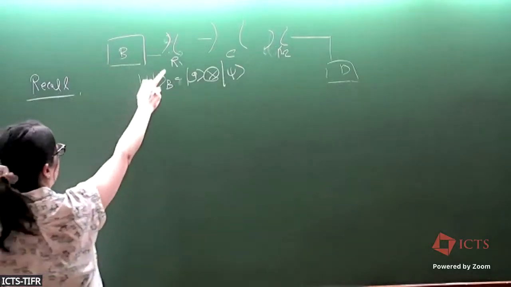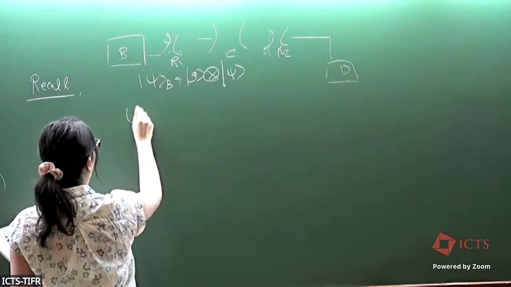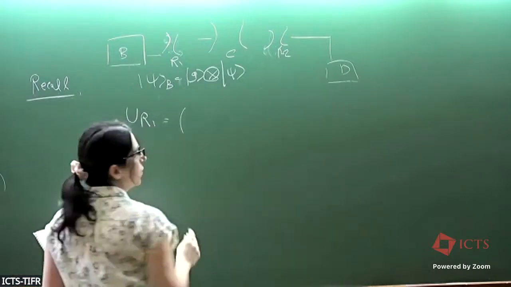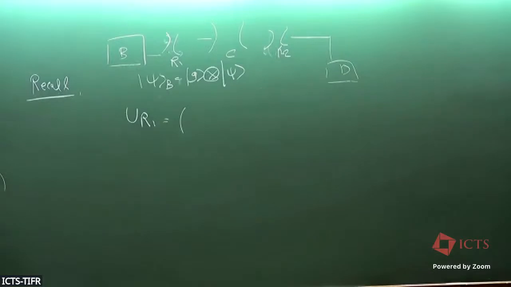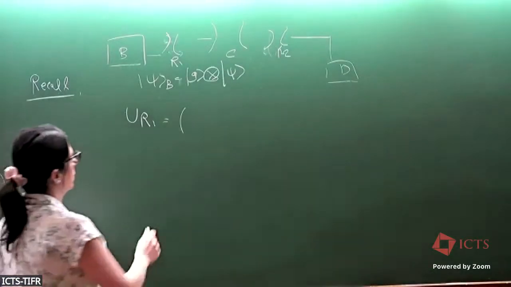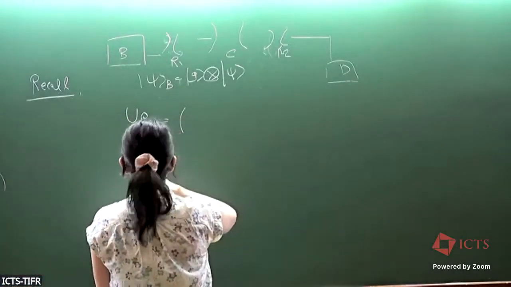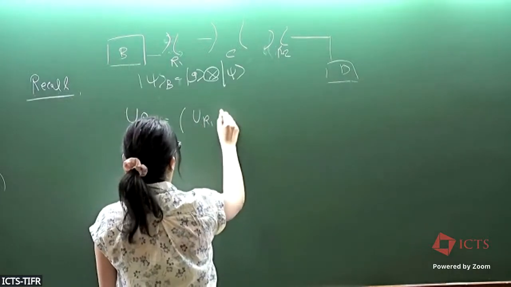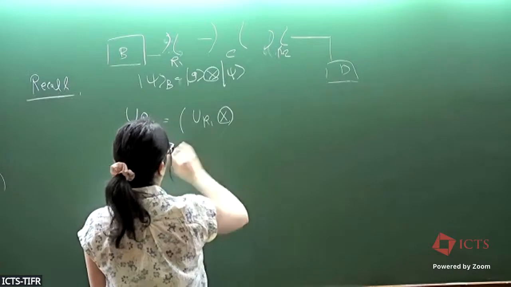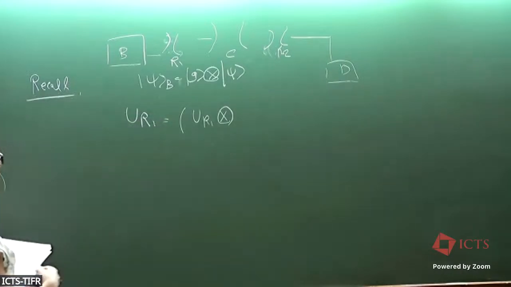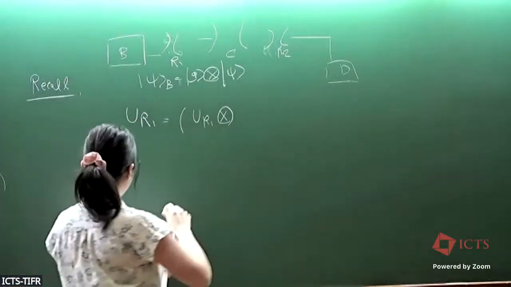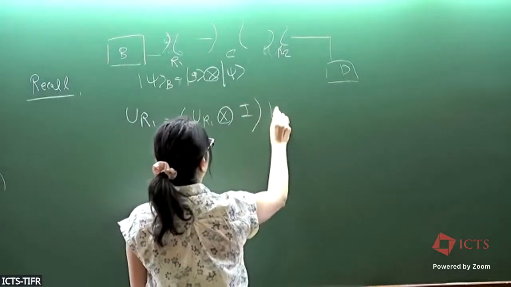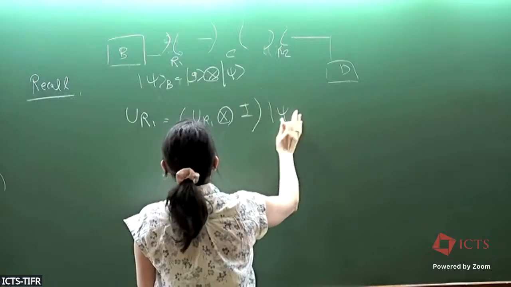Just very quickly, in fact, here you apply a unitary, which is UR1. And for the non-destructive measurement, you suppose that the interaction is dispersive, which means that the detuning is non-zero. You have a unitary which is applied on your Rydberg atom and the identity which is applied on the cavity.